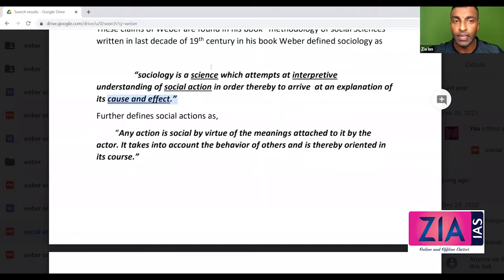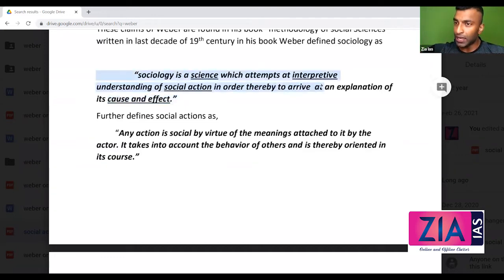It is very clear, right? So here you can see subject matter is social action, non-positivism, how interpretive understanding, right? So it is about interpretation and it's about social action. But positivist, you can see here science and establishment of cause and effect. So that's why I've told you he's considered to have bridged the gap between the two, positivist and non-positivist.